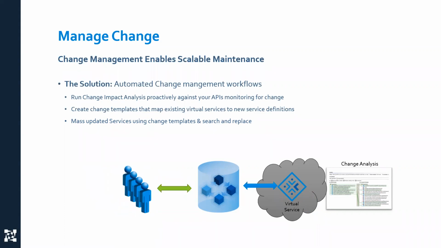They went through the change management process, which is an automated workflow, dropped in the new virtual service, used that as a prototype until the new version became available, and then you don't have to wait. And so this allows you to manage individual virtual services and guard against a changing ecosystem.